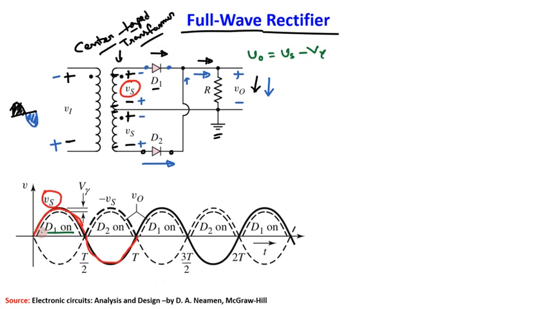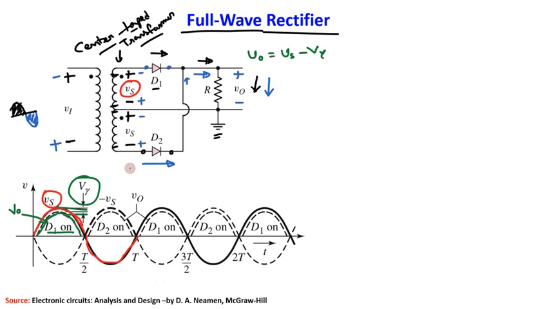So we will get an output waveform like this, okay, and there will be some difference between this Vs and this V output. So let me write it here as this V output, this green one, and the difference between these two is this V gamma, isn't it?